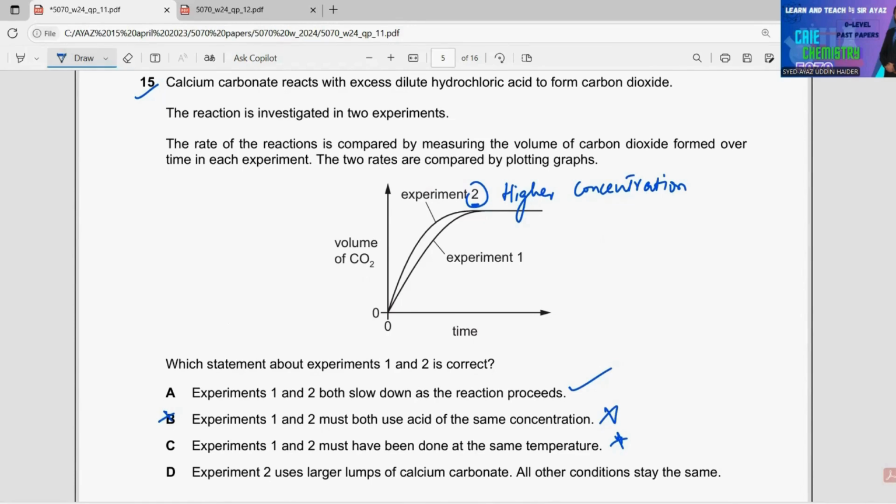If you have larger lumps, then that must be experiment 1. It can't be experiment 2, because if experiment 2 is steeper, it can have fine particles of calcium carbonate, not larger lumps. So this is also incorrect. So only A is the right response.